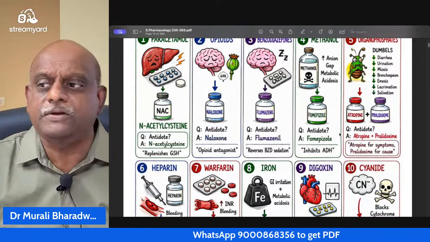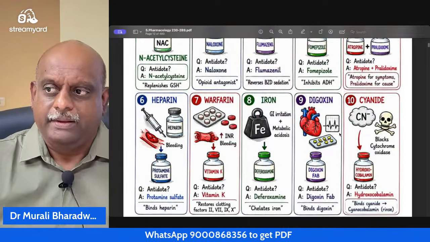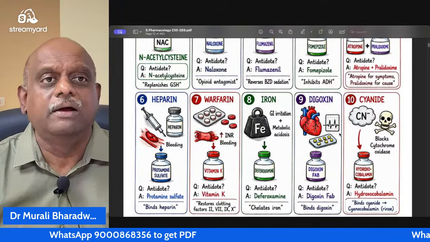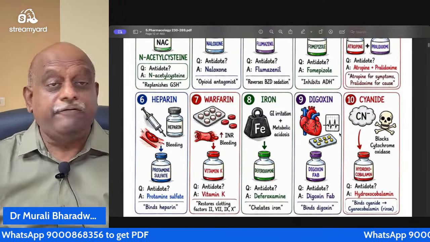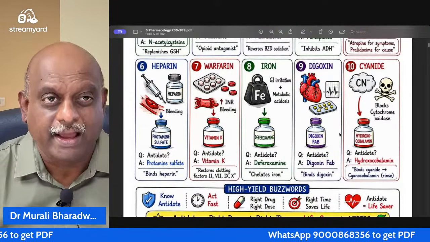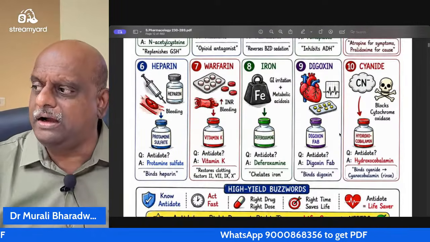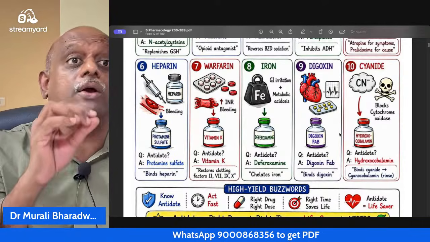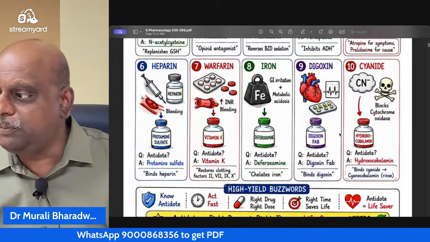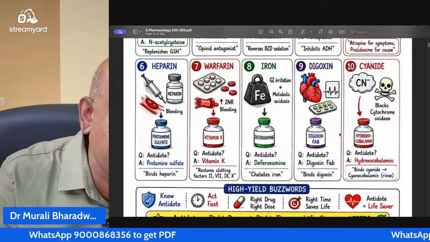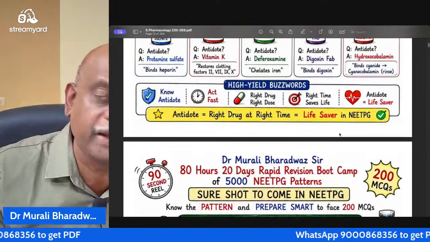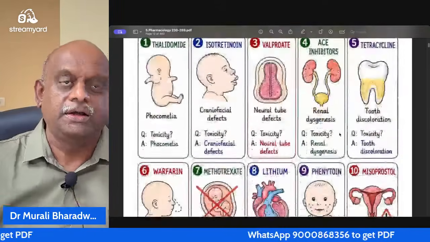Organophosphates, atropine plus pralidoxime, protamine for heparin, vitamin K injection for warfarin, deferoxamine for iron, digoxin antibody fragments for digoxin, and hydroxocobalamin for cyanide poisoning. Typically it will bind with cyanide to form cyanocobalamin, which is not toxic, is the antidote.